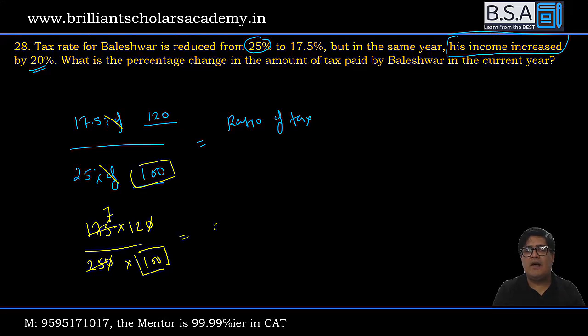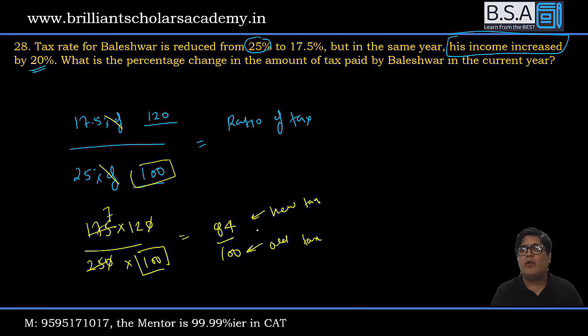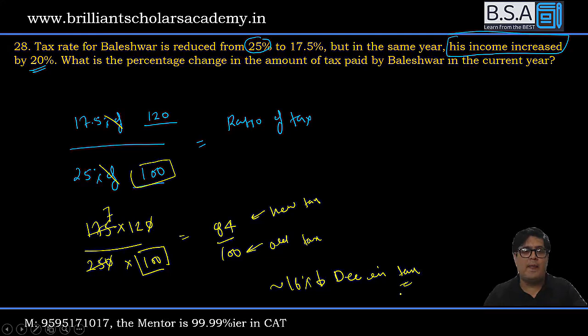So what do I have? 84 upon 100. क्यों मना किया? Don't cancel 100. 100 was the old tax. The new tax is 84. Is it a percentage increase or decrease? Decrease. How much decrease? Decrease in tax for Baleshwar.